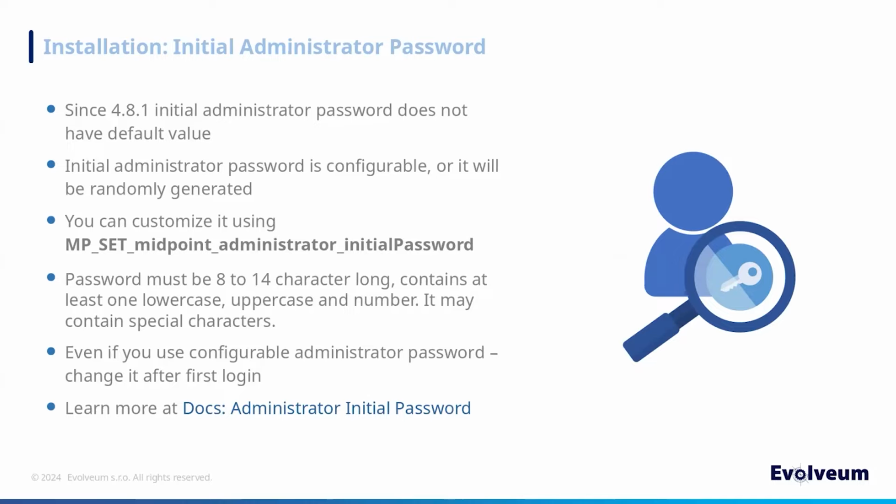The initial password must conform to the new default password policy. It needs to have at least 8 characters total, 1 uppercase, 1 lowercase, 1 numeric. Special characters, including white spaces, are also supported. And the default lockout timeout for the users is 15 minutes. You can learn more in our documentation. Search for administrator initial password.